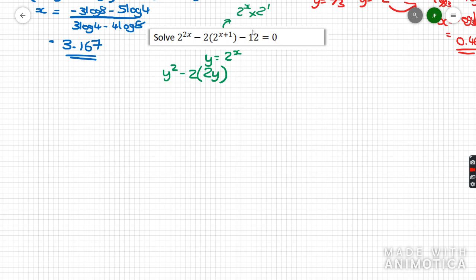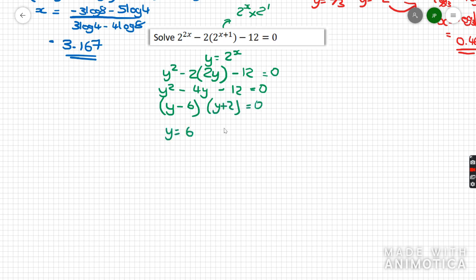Just a little bit of manipulation using index laws to then put me in a nice simple quadratic form. Solve my quadratic. So we'll have y minus 6 and y plus 2. So y equals 6 and y equals minus 2.